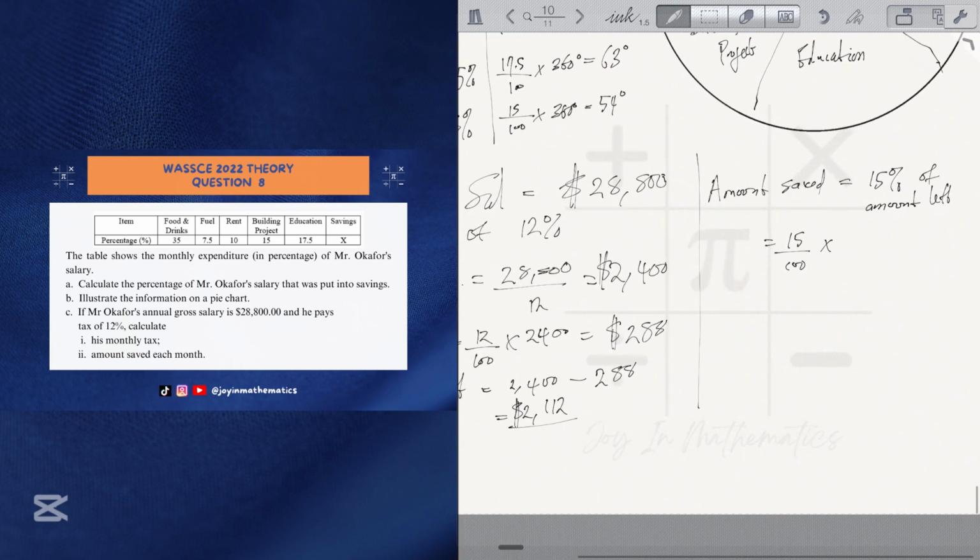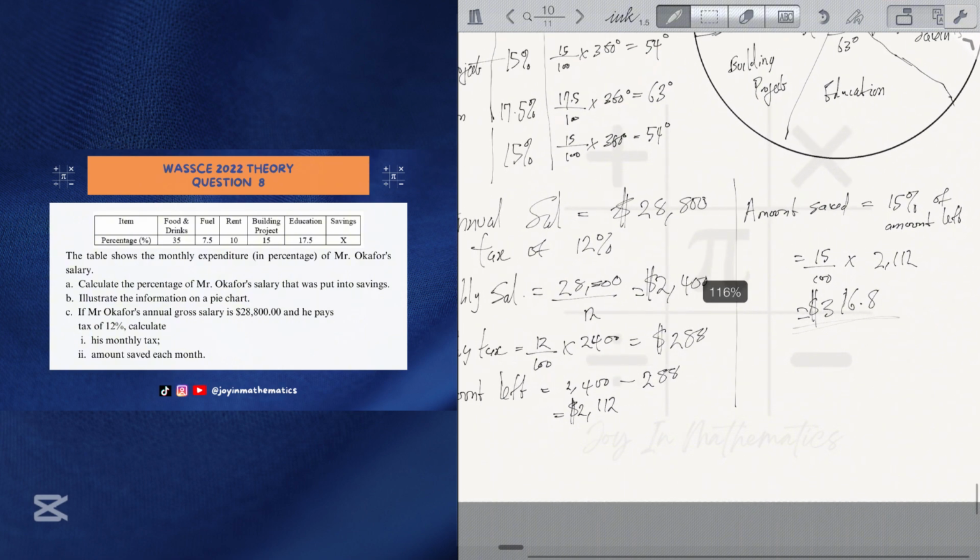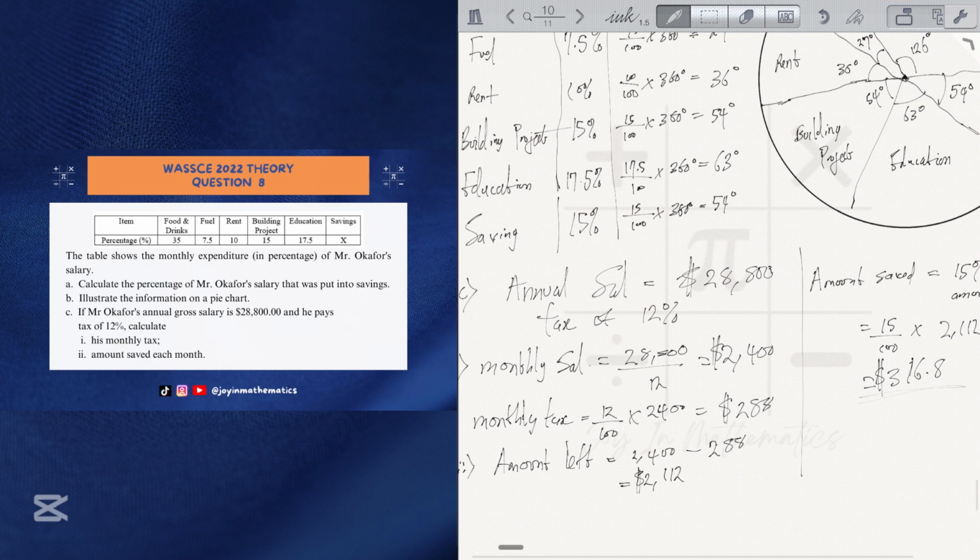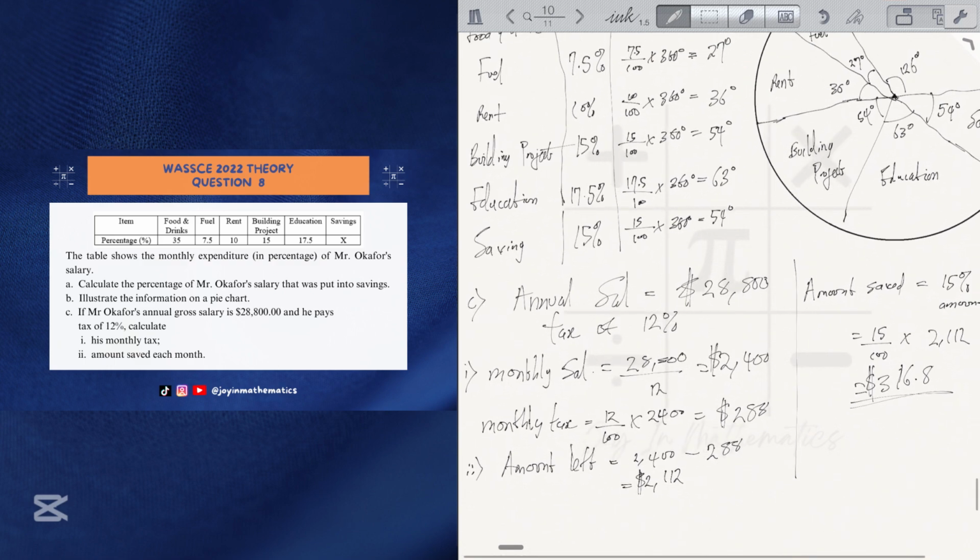The amount left is 2,112, and this is equal to 316.8. So in a month, you save $316.8 and a tax of $288. That's quite much based on what he has received.